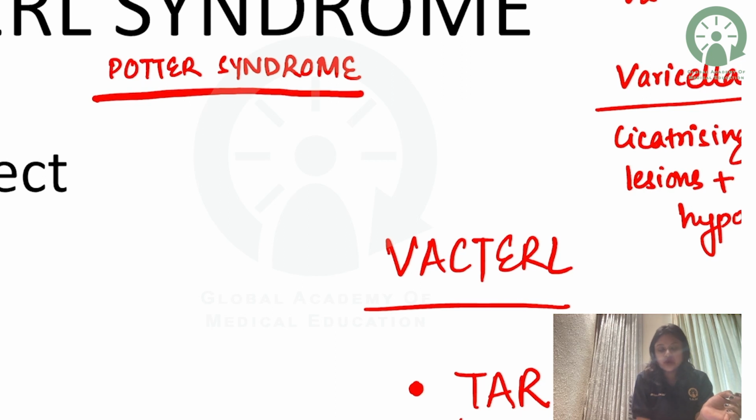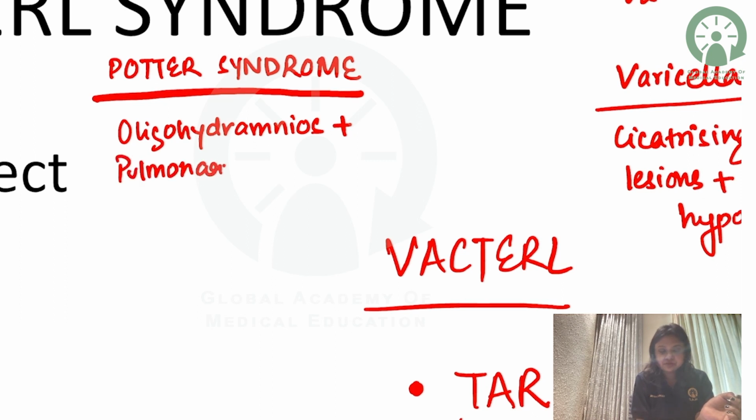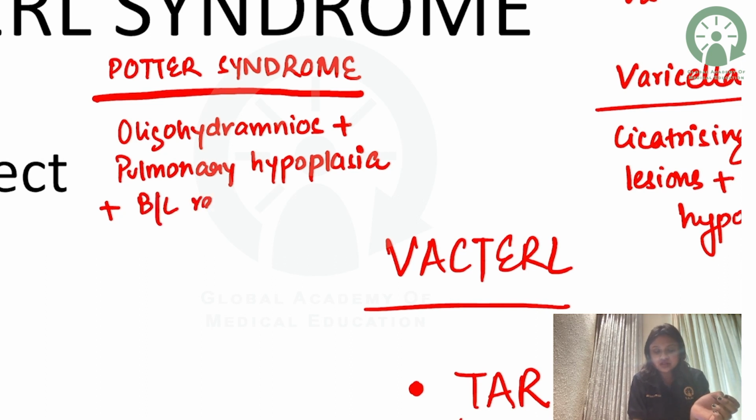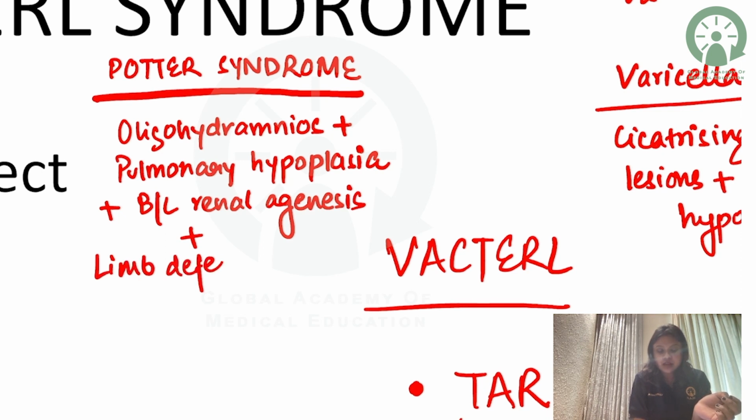Potter syndrome presents with oligohydramnios, plus pulmonary hypoplasia, plus bilateral renal agenesis, and limb defects. Lower limb defects are more common than upper limb defects, and definitely facial dysmorphism.